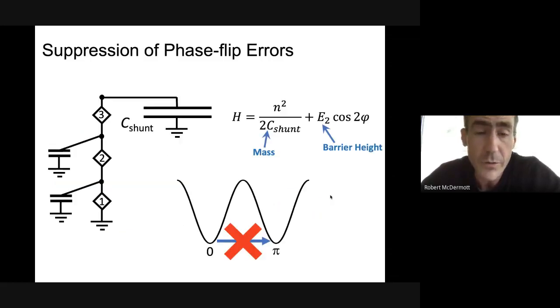All we need to do is to take the device and shunt it with a very large capacitance so that we achieve a very large ratio E2 over EC, the second harmonic of the Josephson energy to the charging energy of this shunt capacitance. And so that's going to give us an exponential suppression of these tunneling events between the local minima of the 0 pi valleys that will translate into an exponential suppression of phase errors in the 0 pi qubit. Okay, so that's easy to understand.